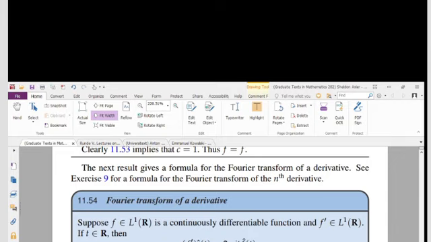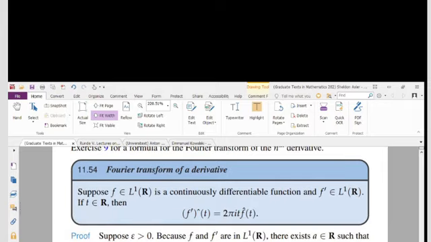Now we have this proposition. Suppose f belongs to L1 of R is a continuously differentiable function and time of R. Therefore, for any t in R, we have this equality.